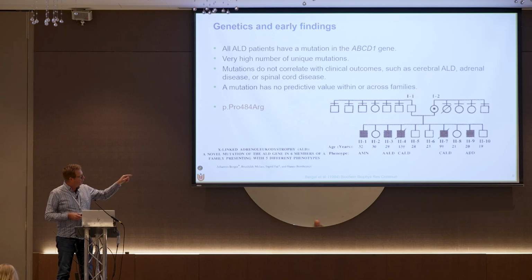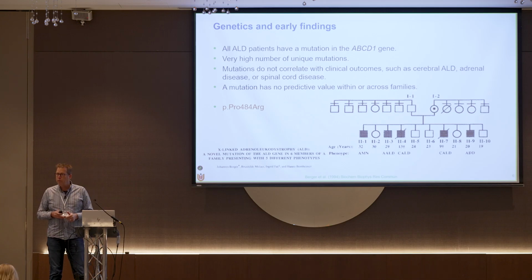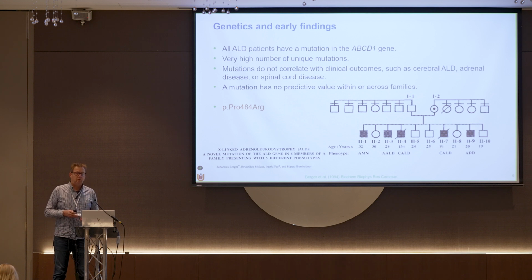All the squares in black are affected males. These are some old abbreviations, but there was a man with spinal cord involvement, a male with only adrenal insufficiency, some that developed cerebral ALD in childhood, and some that developed cerebral ALD in adulthood. But they all have the same mutation. So that means that if you know the mutation, it does not have any predictive value.